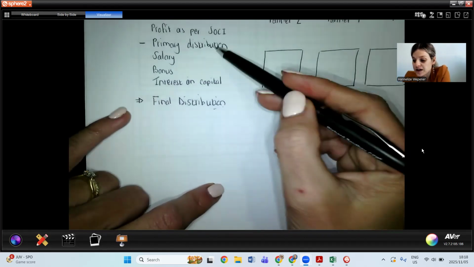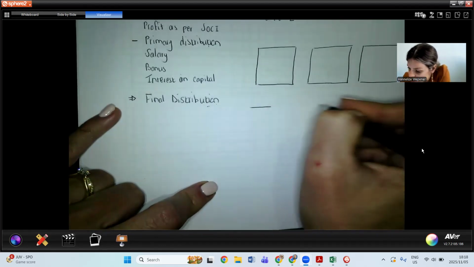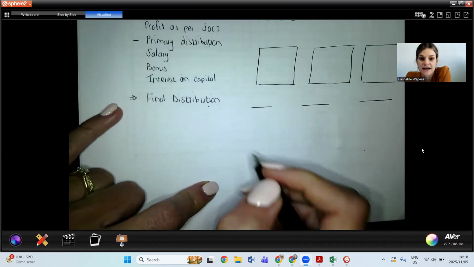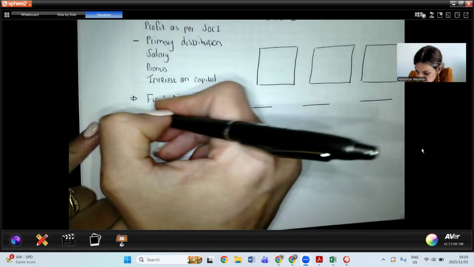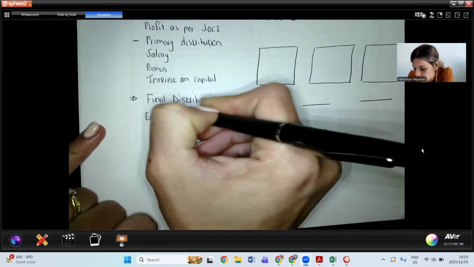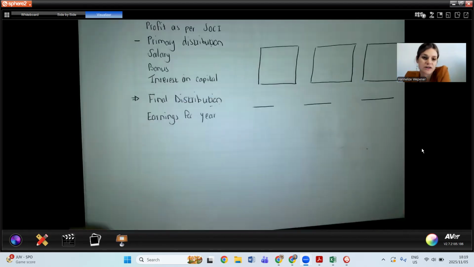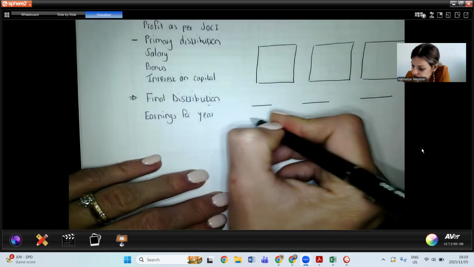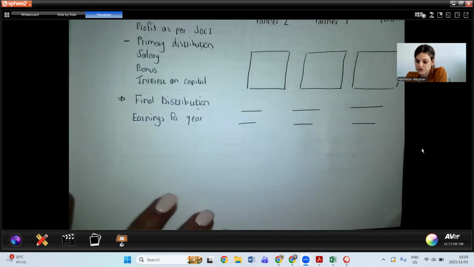So this is for your current year, for your depreciation. Then you're going to see how much each one of these partners had as a total earnings for the year. A lot of notes don't have this one in here, but that's literally just adding your primary and your final distribution.